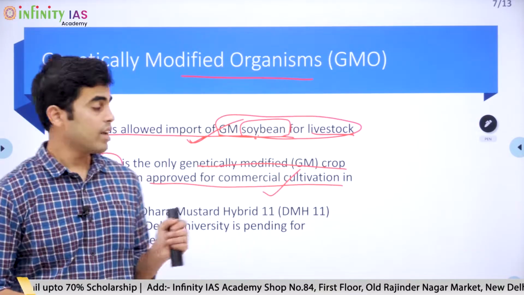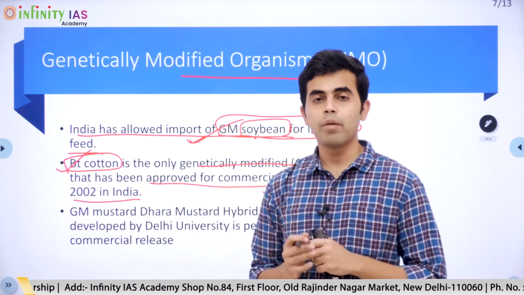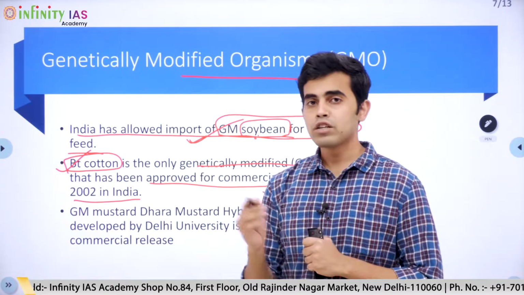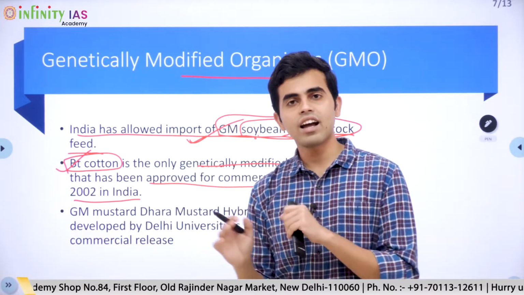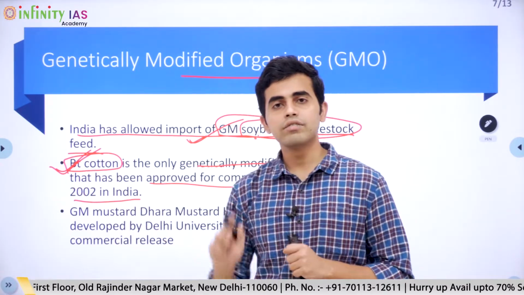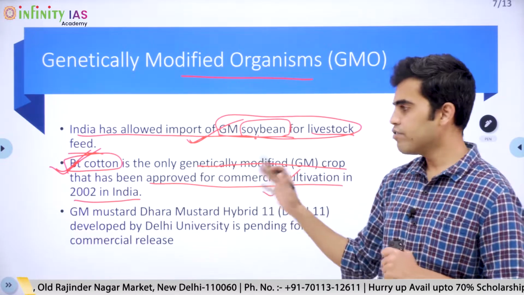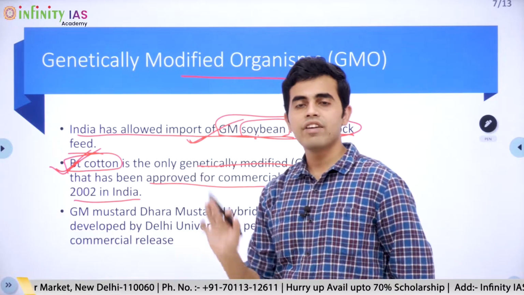So here if we see, cotton is not a food crop, it is a cash crop. So cotton we do not eat. So it might not cause health concerns for human beings. So that is why BT cotton was given approval after the field trials. None other than BT cotton is given approval.